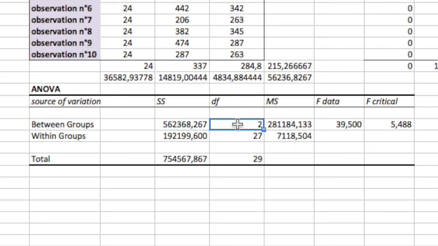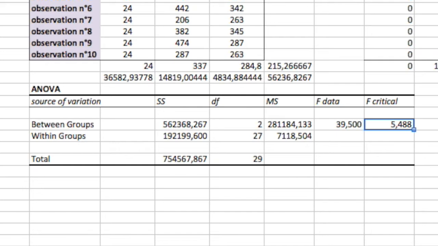This is the degrees of freedom, so this divided by the degrees of freedom is the mean square between groups and the mean square within groups. This is some kind of reference, so we divide this by this and we get the F value from our data, 39.5.